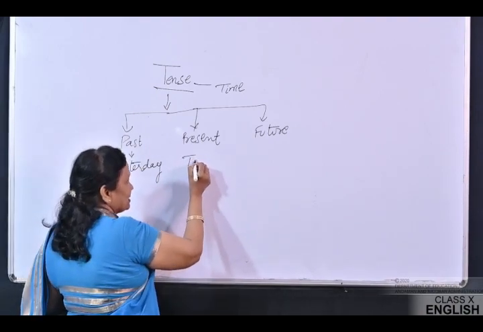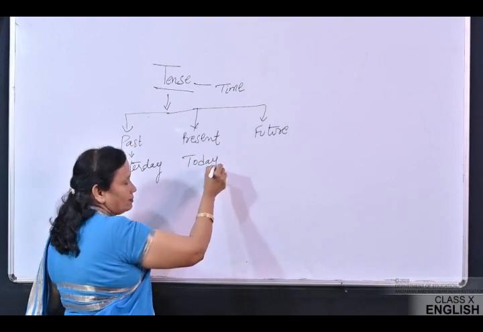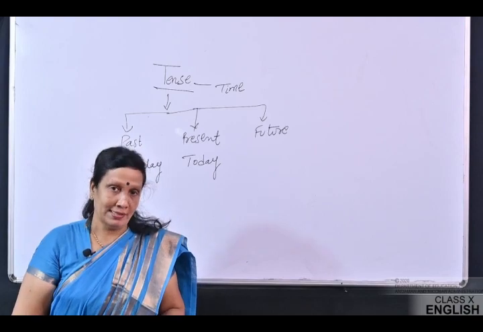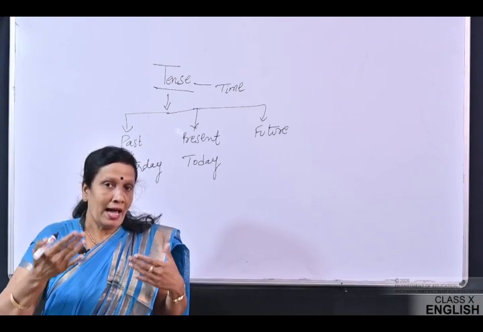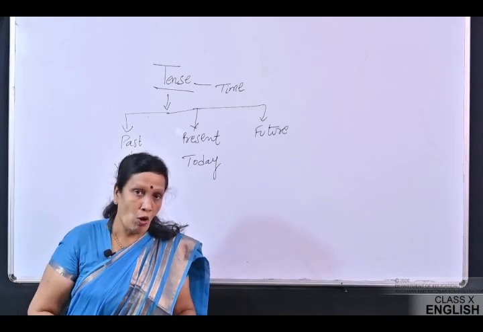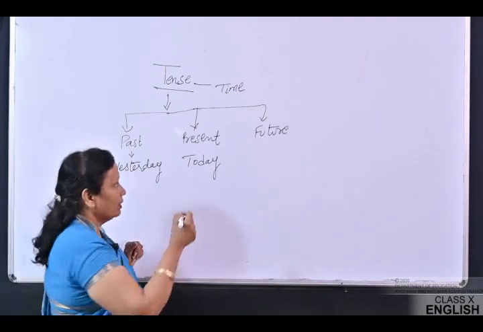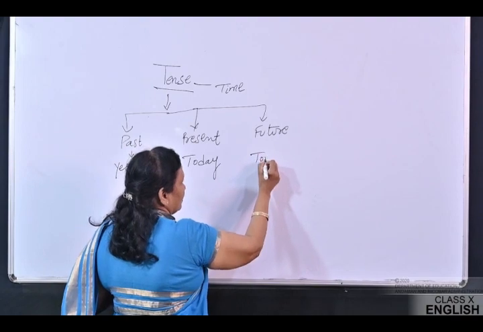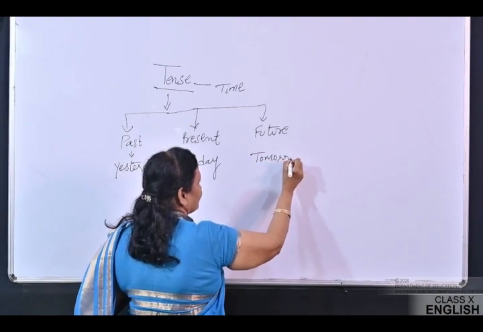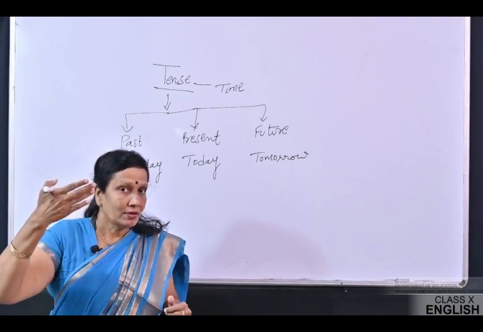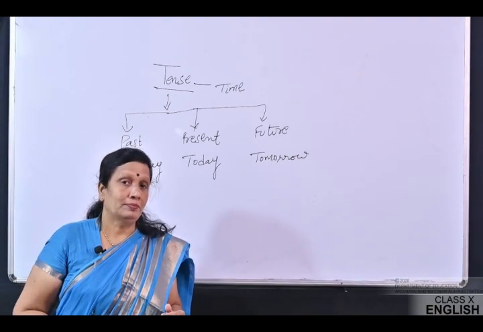Now, present is today, the time which is in front of us. So, the action which takes place now, it is the present tense, today. Now, future is tomorrow, the time which is yet to come.